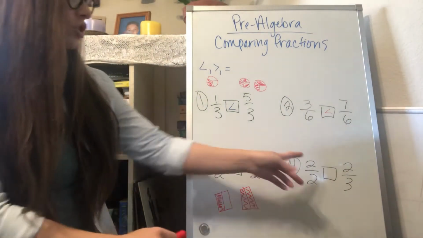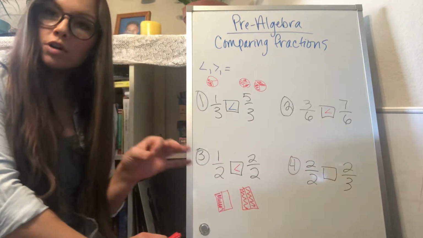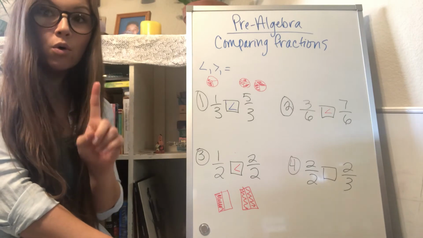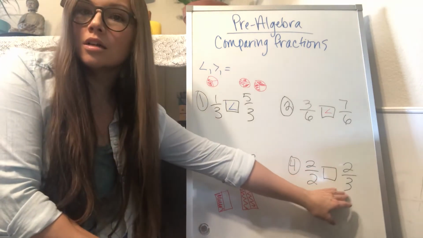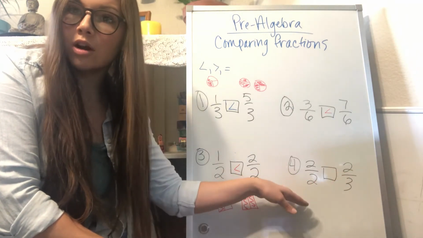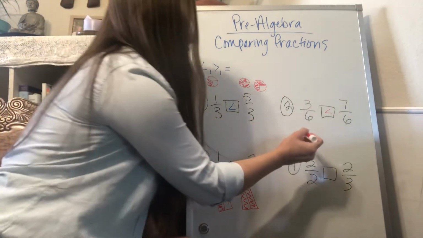Okay? Because I have 2/2 and 2/3. First of all, right off the bat, no matter what size your pieces are, if you have one whole and the other one is not one whole or more, this one, no matter what the denominators are, is automatically bigger. Because I have 2 out of my 2 over here.